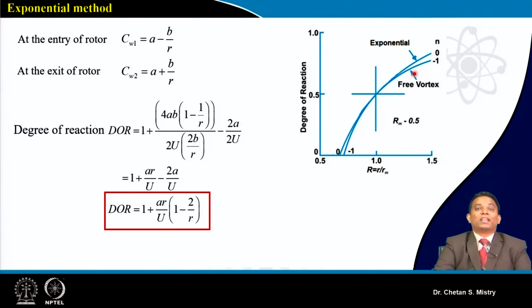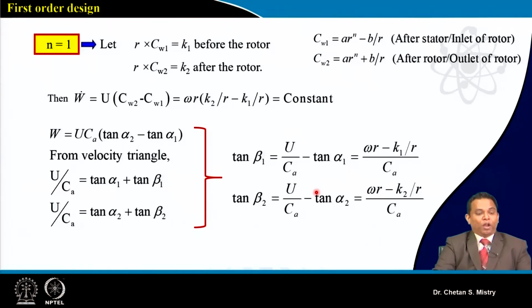In the same way, if you consider my n equal to 0, with further extension it may give me my degree of reaction to be negative. So the degree of reaction is a very important parameter, and as we have discussed, it is a thermodynamic parameter used to check the diffusion that is happening in my axial flow compressor.